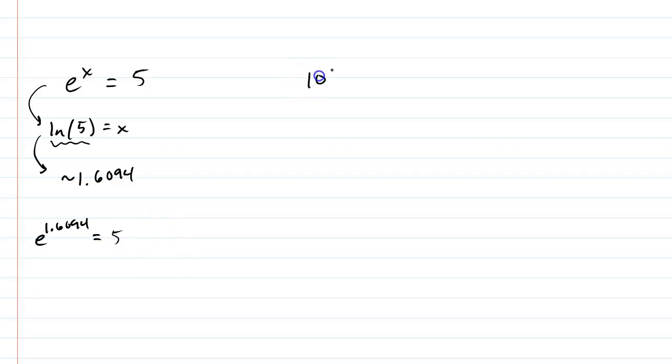Okay, another one. 10 to the power of x equals 200. Well, we can't solve this directly, so we turn this into a logarithm. Log base 10, so I don't have to do it, of 200 equals x.